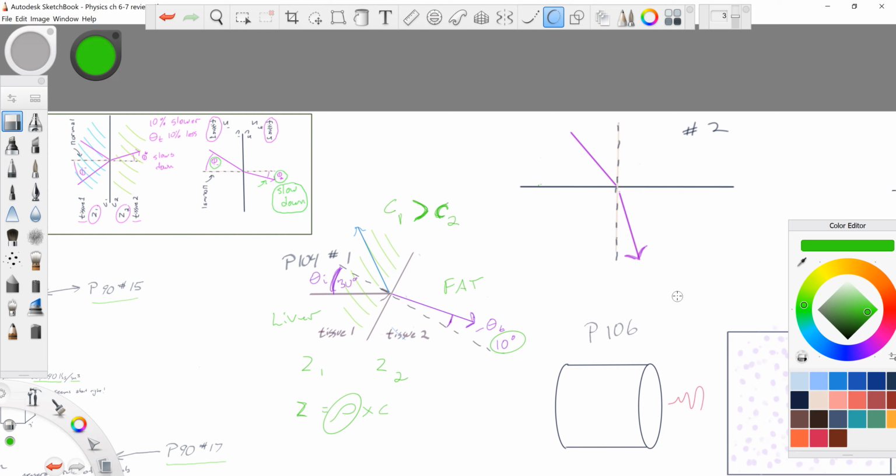Okay, so your BS meters should be going off right now. We do care that there's an impedance difference, but the fact that they gave us 8 rayls and 6 rayls and a propagation speed of 1450 meters per second and then a 1.855 kilometers per second, all of that is extraneous information.